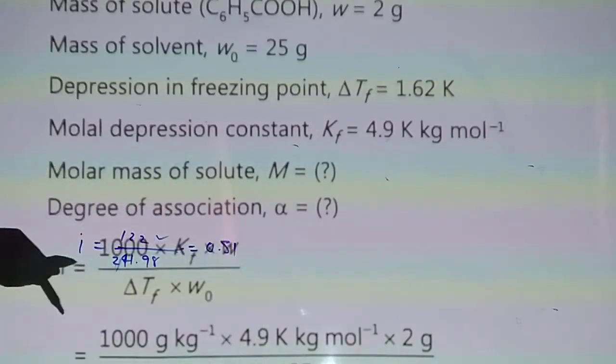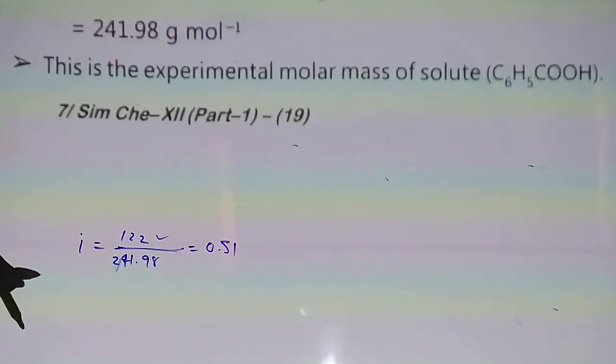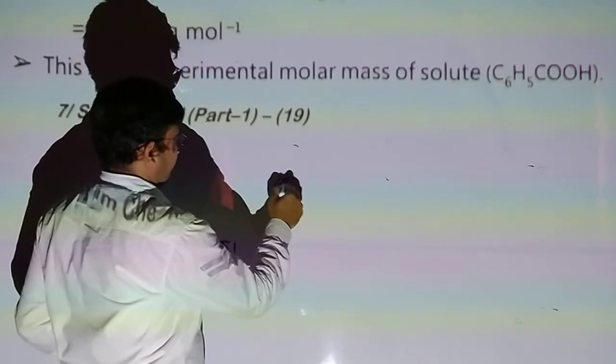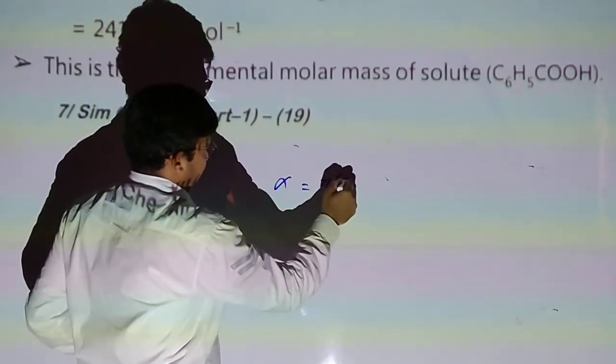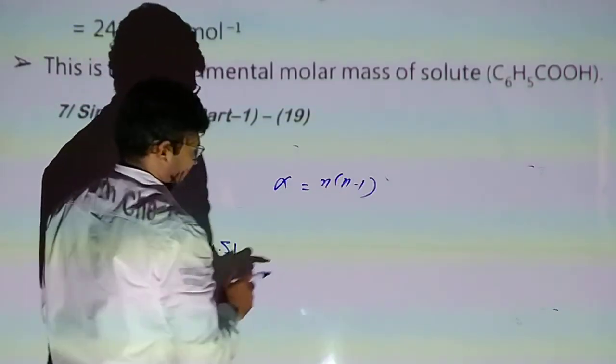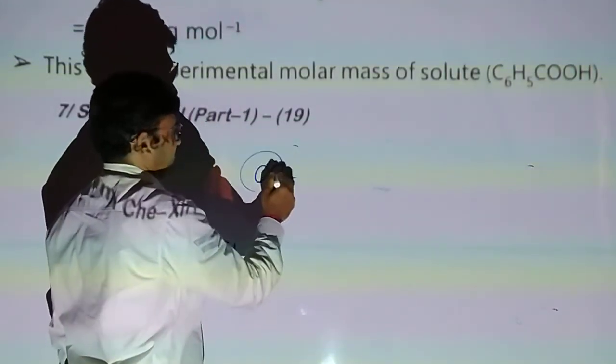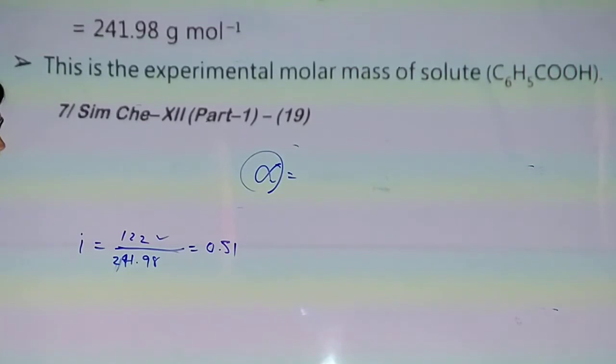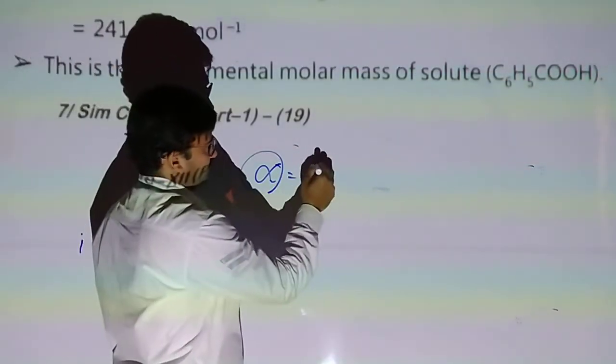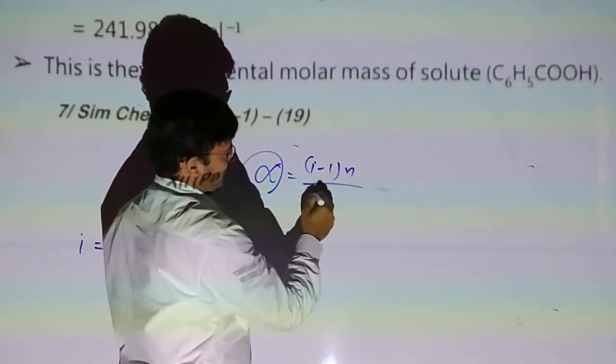So alpha is equal to i minus 1 into n upon n minus 1.